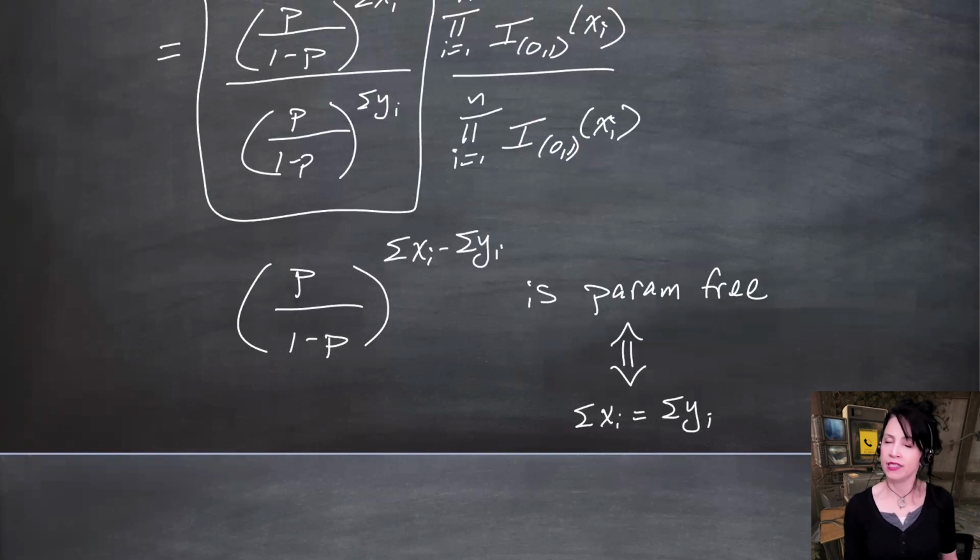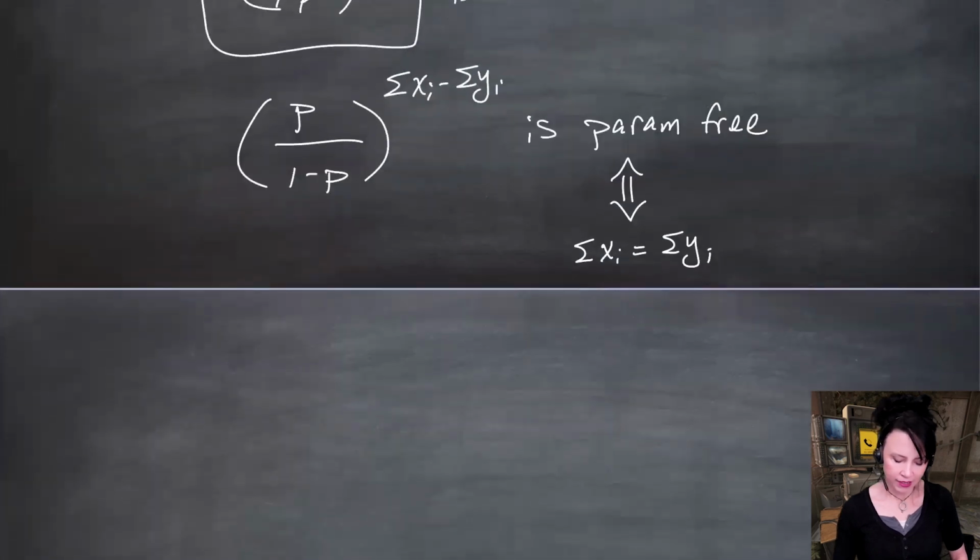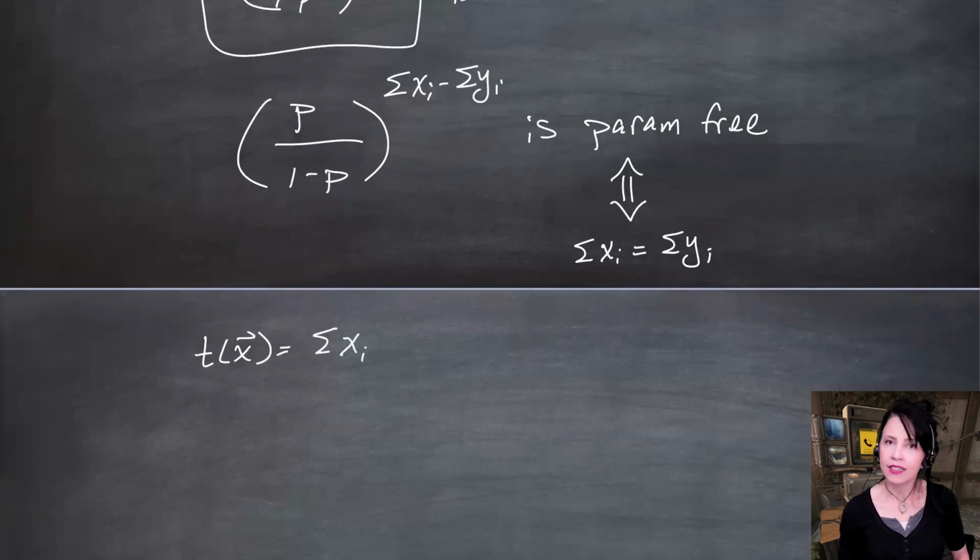So in this problem, I didn't start out with a statistic t of x that I was trying to show was minimally sufficient. I just sort of wrote out that so-called likelihood ratio, and something popped out. This is t of x. It's the sum of the x's.